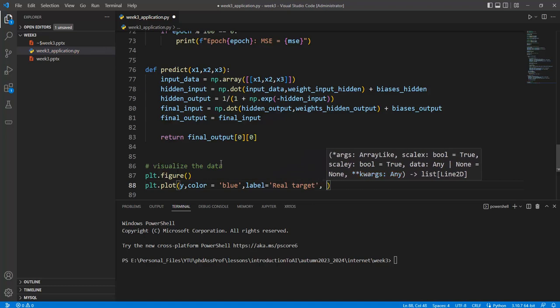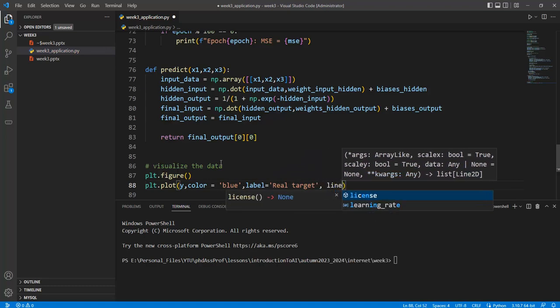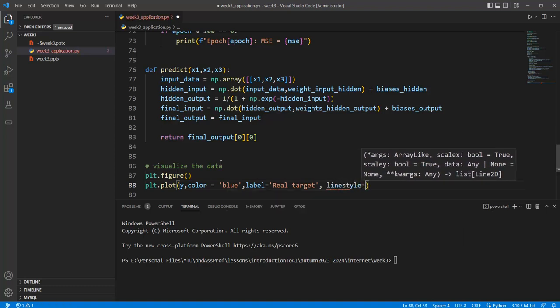Because the y is the basic training data. And so linestyle is equal to dashed.